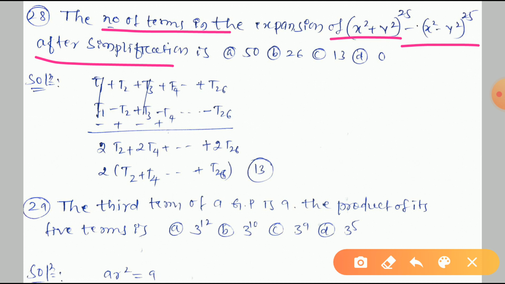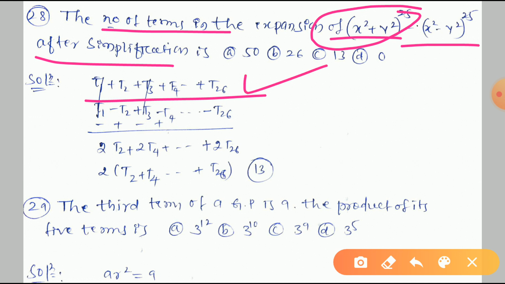We know that the number of terms in the expansion of a plus b whole raised to n is equal to n plus 1 terms. Similarly, by using that result, the number of terms in the expansion of the first term is 26 terms. The 26 terms are t1 plus t2 plus t3 plus t4 and so on up to t26.